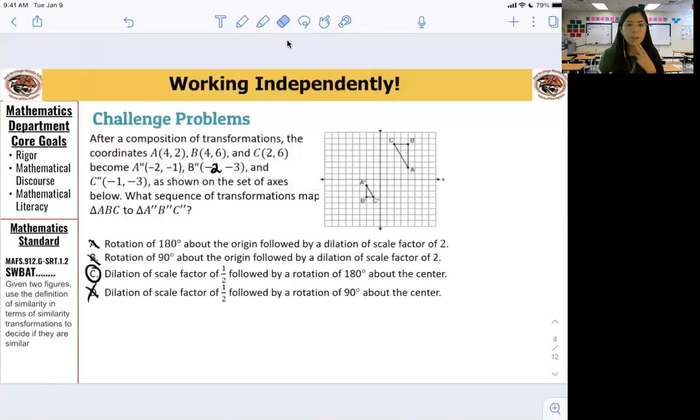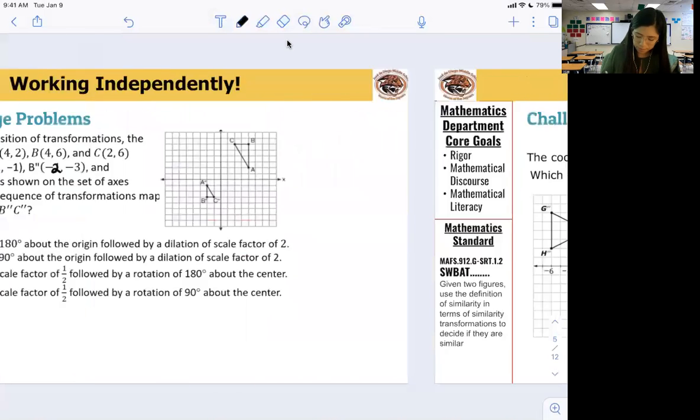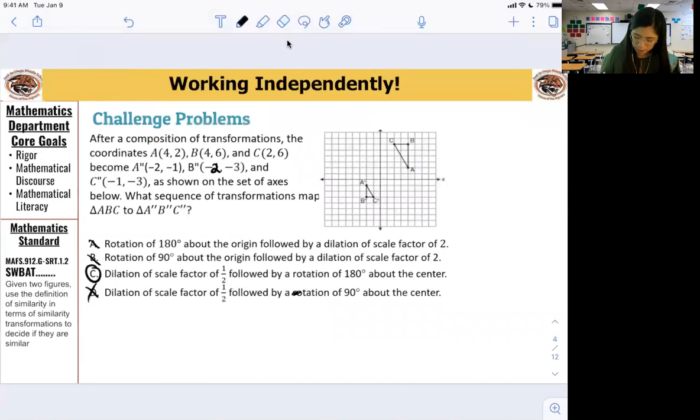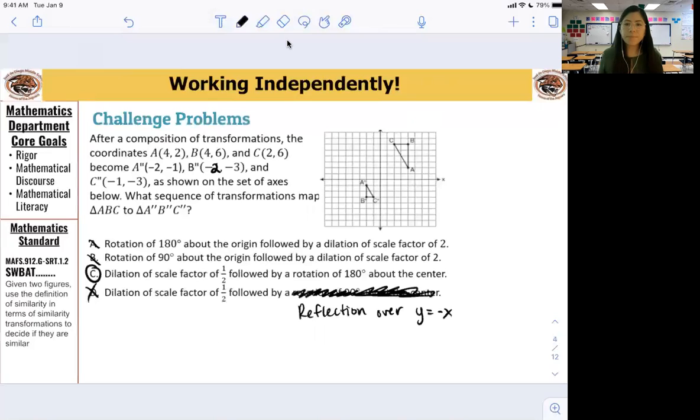Like let's say you had a dilation of 1/2 followed by a, this is one that always trips people up, a reflection over y equals -x. Because those 2 situations look pretty similar to each other. So if that was the case, what could you do to check for sure?